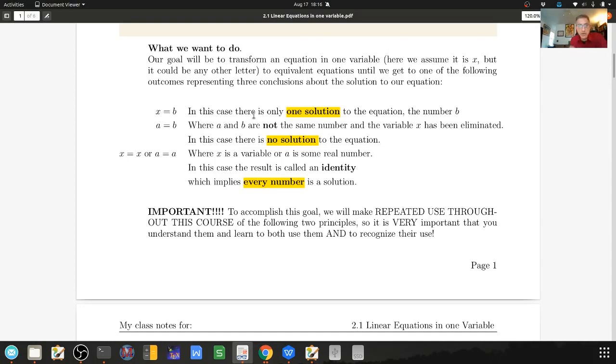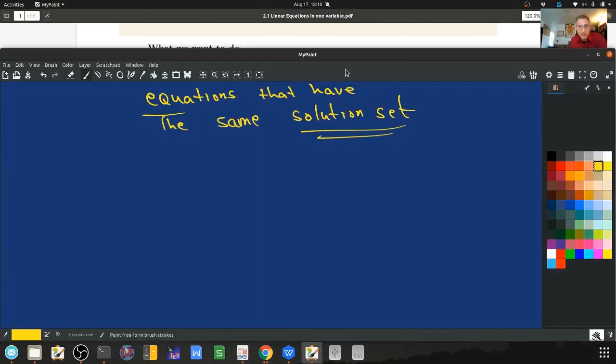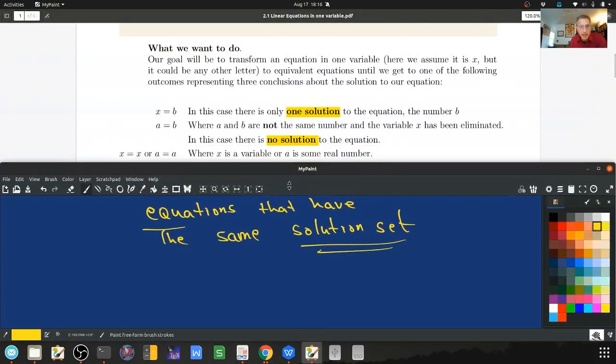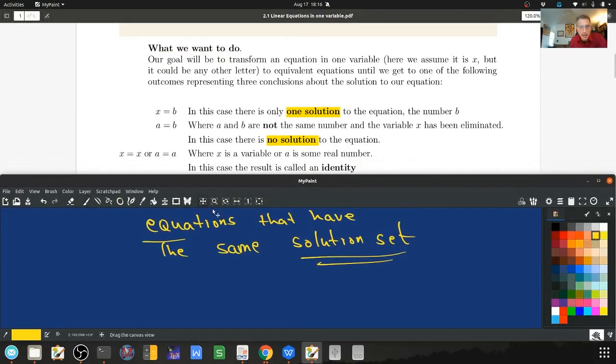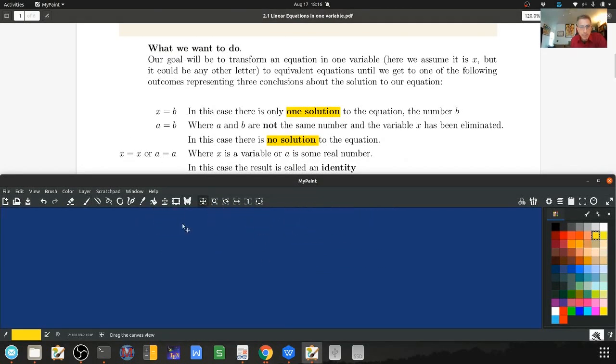In this case, there is only one solution to the equation, and that's the number b. For the first, we just had an example, x is equal to 3. Just one solution. This is the solution set.